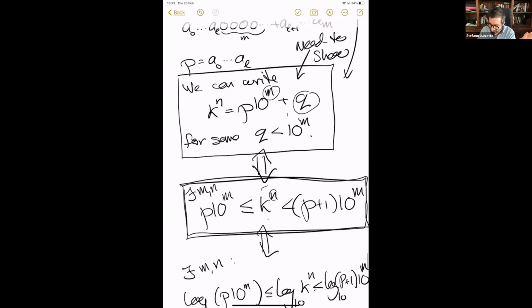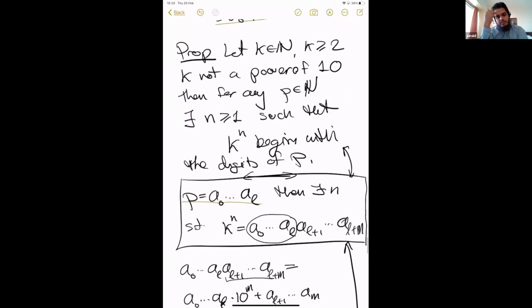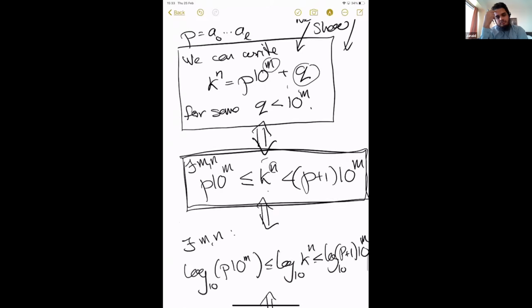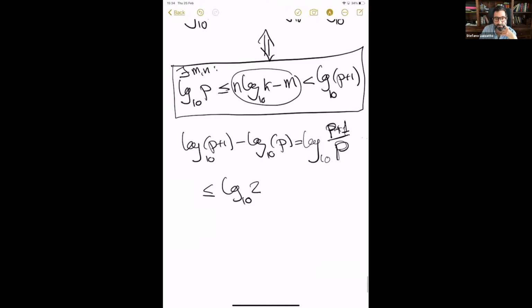P is the number that we chose from the beginning. P could be 1. Log of (p plus 1) over p is monotonically decreasing in p, so this is positive but always less than or equal to log base 10 of 2, when p is equal to 1. And it's easy to see that log base 10 of 2 is less than 1.